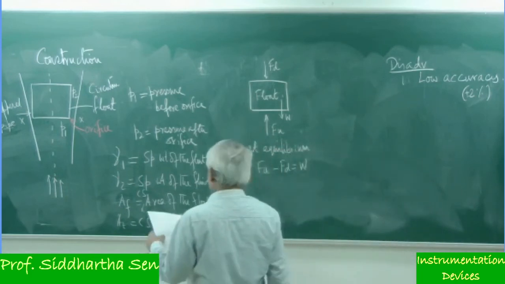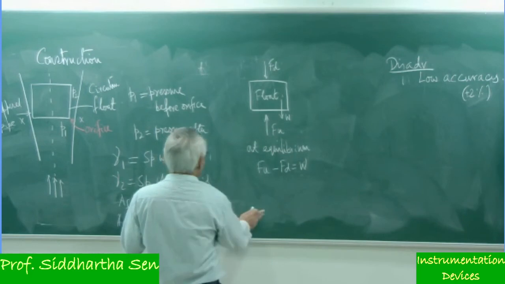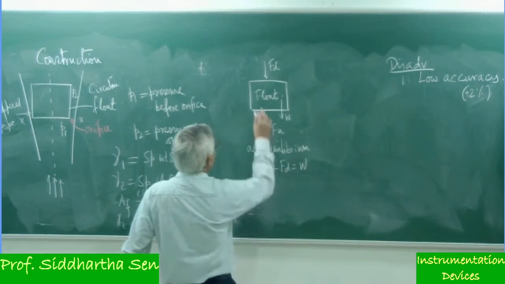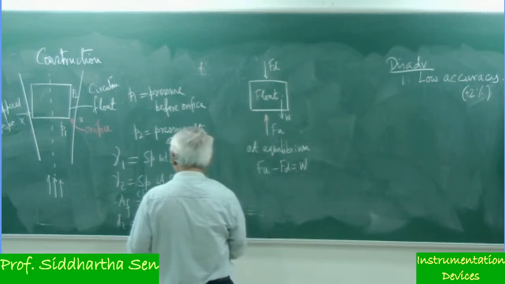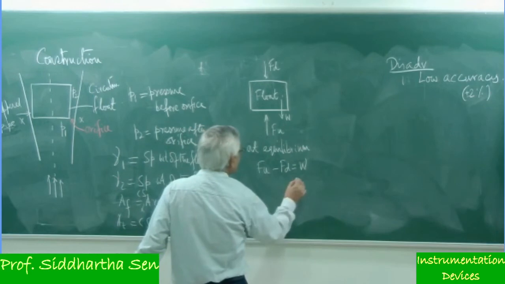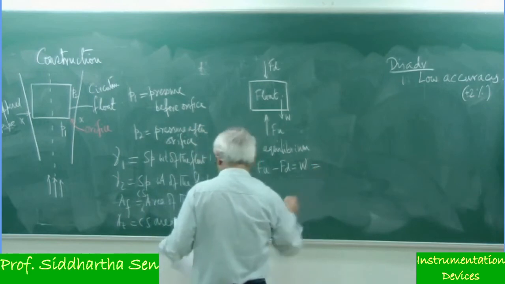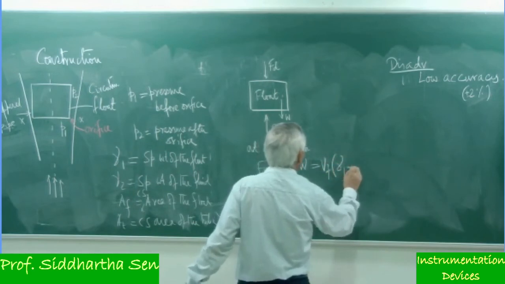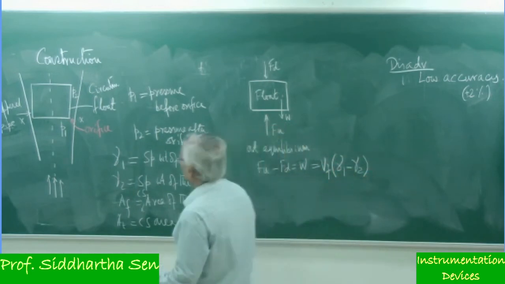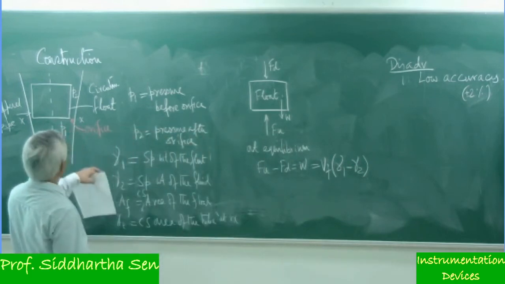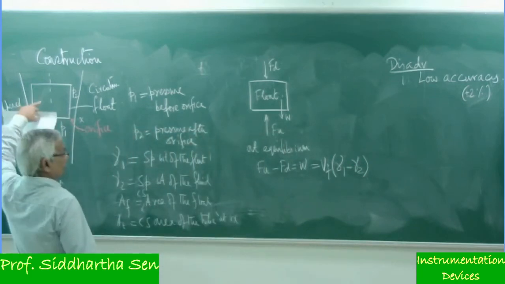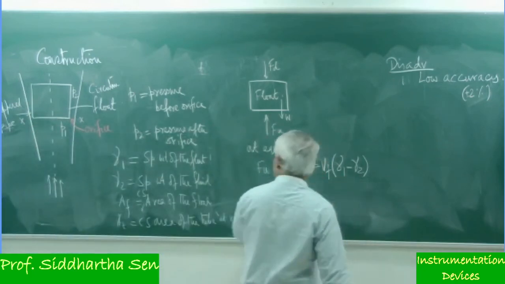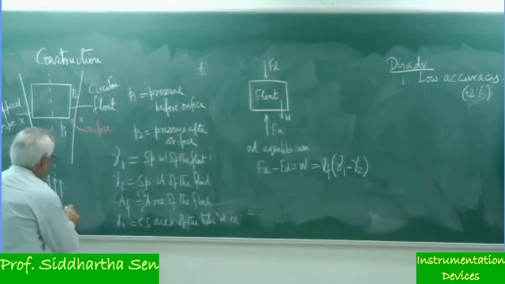So what is W? I can say what the upward force and the downward force are. W is equal to Vf into gamma 1 minus gamma 2, because the specific weights are different. Because it is floating, naturally it is Vf into gamma 1 minus gamma 2, where Vf is the volume of the float.